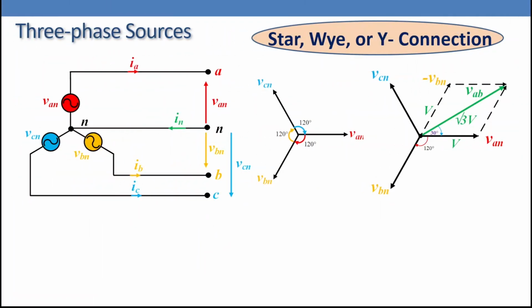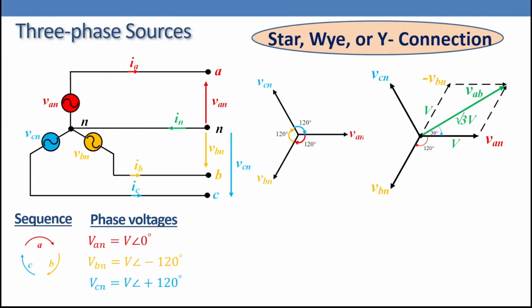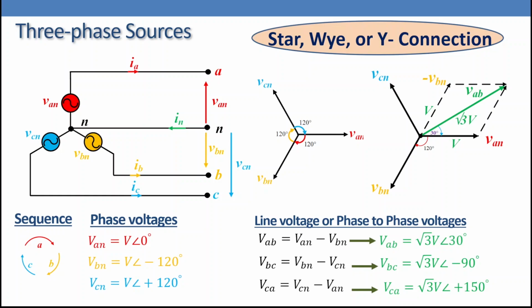So now we can write the relation between phase voltages and line voltages. Phase voltage is V angle 0, V angle minus 120, V angle plus 120. That one is VC.